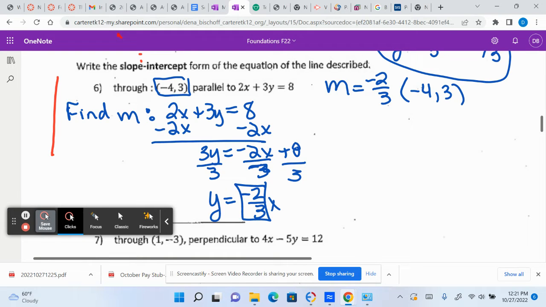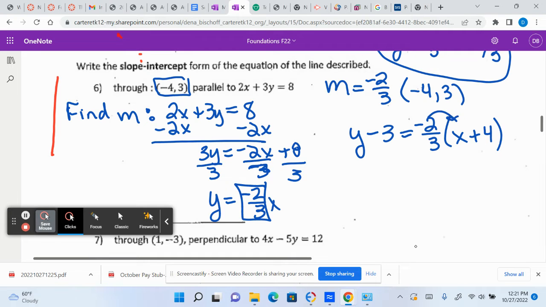You're really good at it. Do y minus 3 equals negative 2/3 times the quantity of x plus 4. Awesome. That's point slope form, but it wants it in slope intercept form. So what do I have to do next?